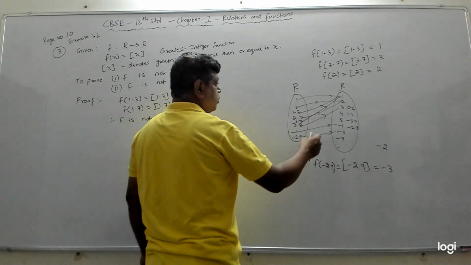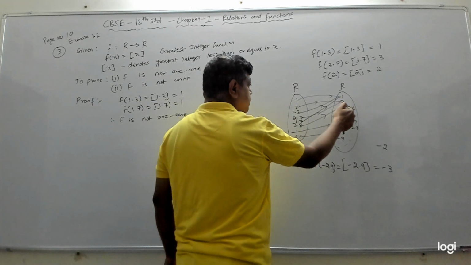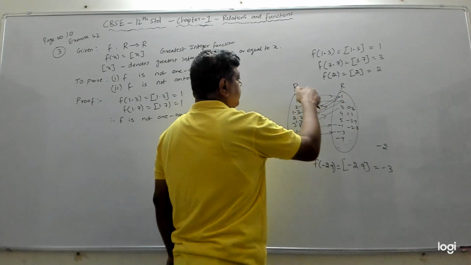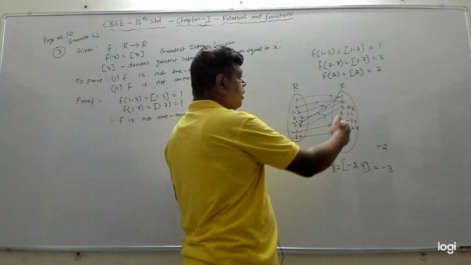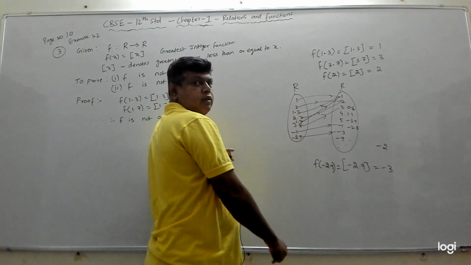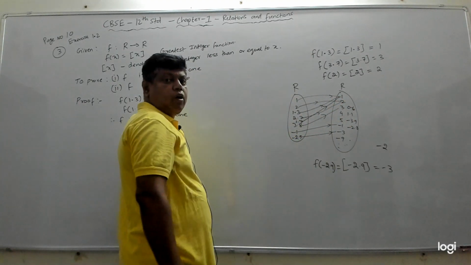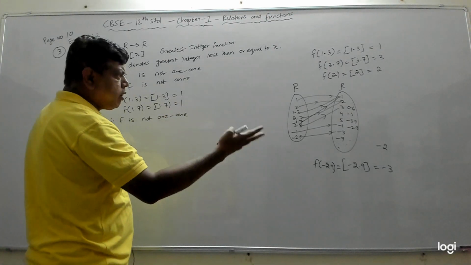Right? So to prove that it is not onto, we can just show one element which is not an image of any element here. If you can find one element which is not an image of any element, which means no element is mapped to that element, 0.6, then it is not onto. So we'll say we can take 0.6 or 0.2, anything. We can take 1.1.